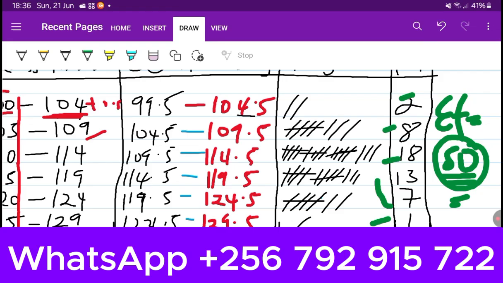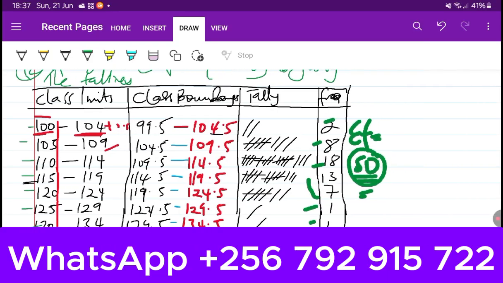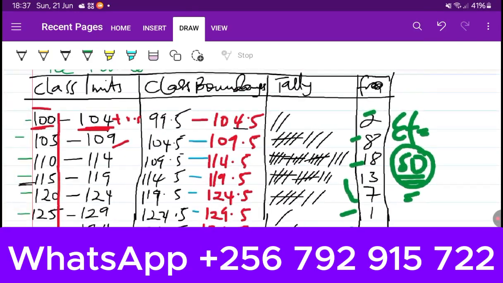So it's all about us doing very many numbers, but I want to conclude this chapter and we look at chapter 5. Chapter 5 is all about presentation of data, but this time we are using charts, graphs, and pictograms or pictures. We are going to look at very many graphs that we can do to be able to present data.